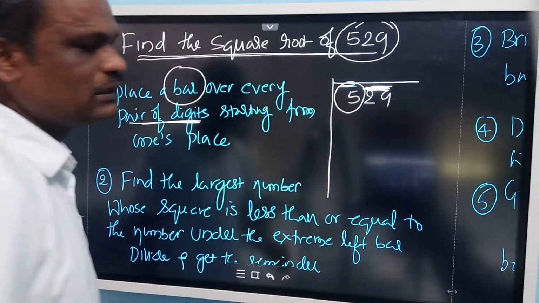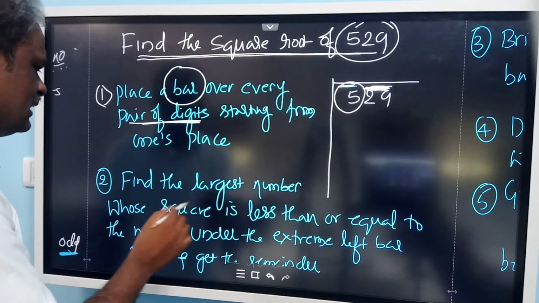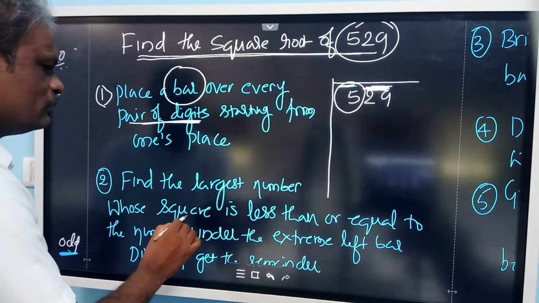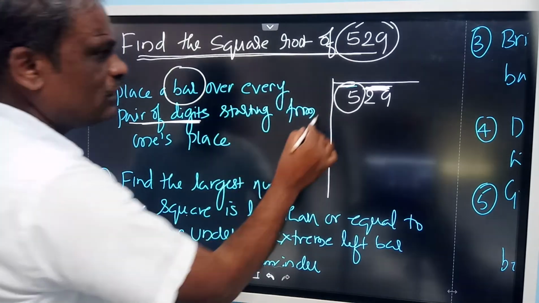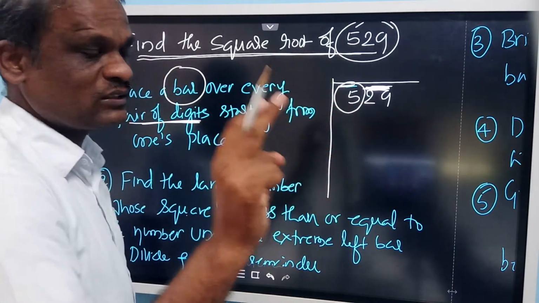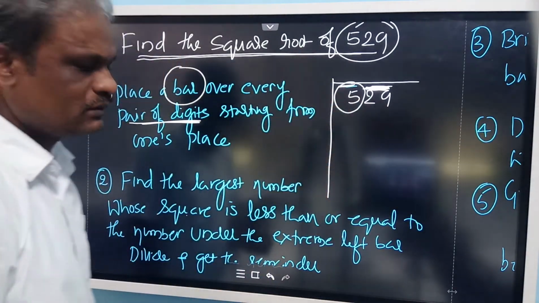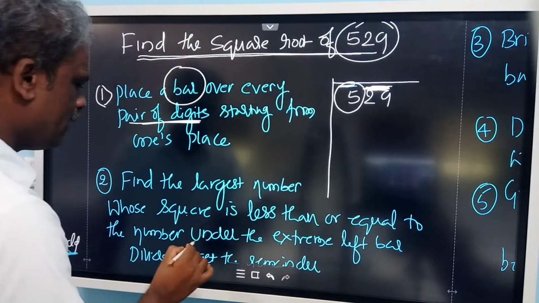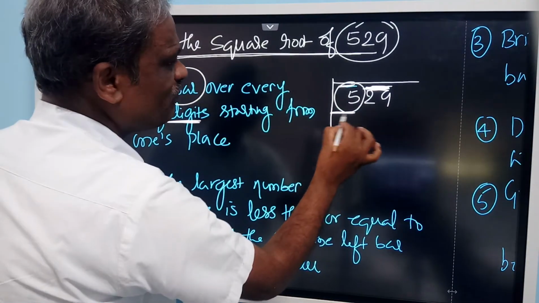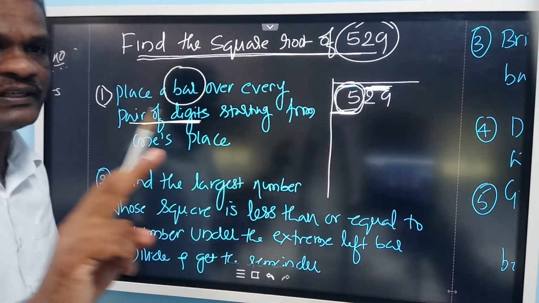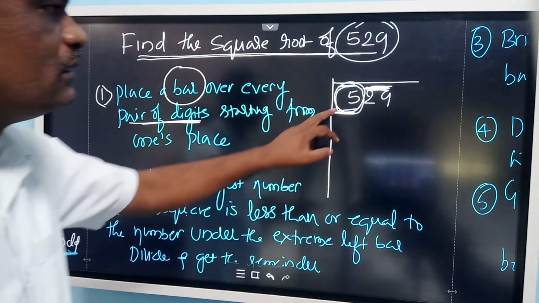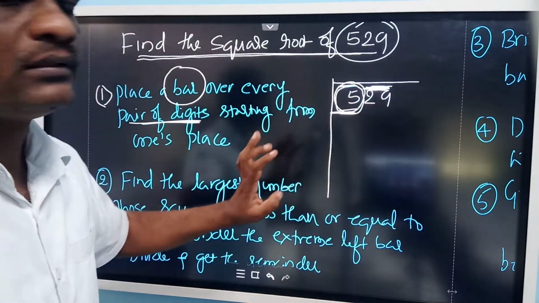You have to find the largest number whose square is less than or equal to 5.